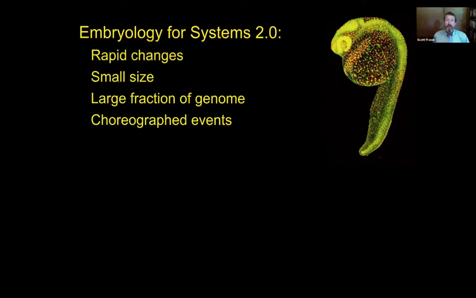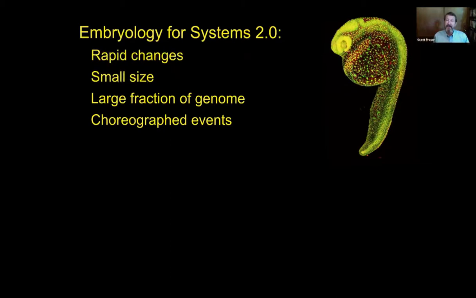Okay, so our goal in the lab in the Translational Imaging Center has been to try to do systems level analyses in complex systems, like developing embryos. And this 21-hour embryo that you see in the upper right part of the screen is a zebrafish embryo.